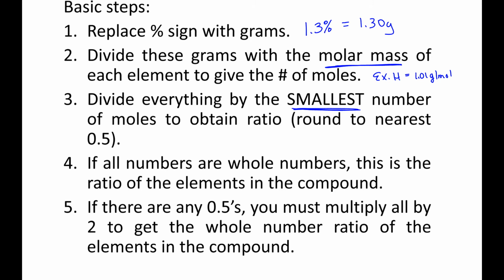But if you had to round to the nearest 0.5, let's say you've got a 1.5 and a 1, you have to multiply both of those by 2, because you have to have the lowest whole number ratio. You can't have any 0.5s in there. There isn't any such thing as half an atom. So to get that ratio, you've got to multiply by 2.